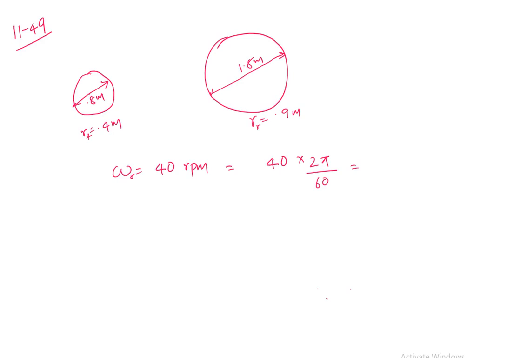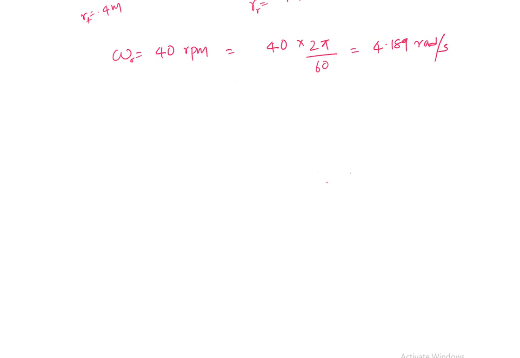That comes to about 4.189 radians per second. So that's the angular velocity of the rear wheel.